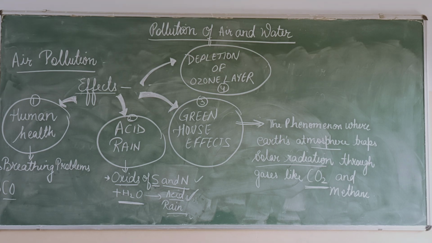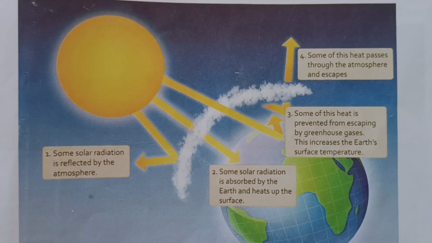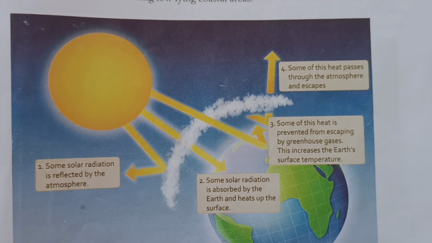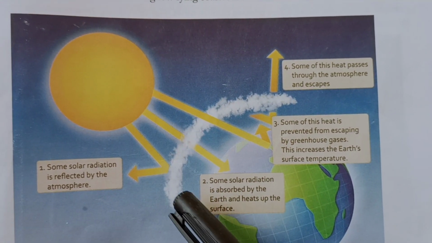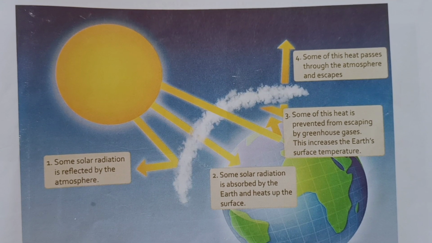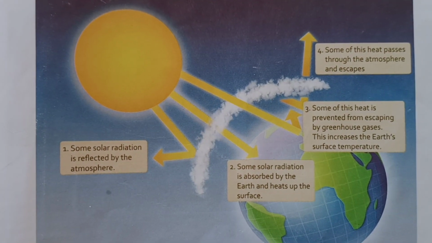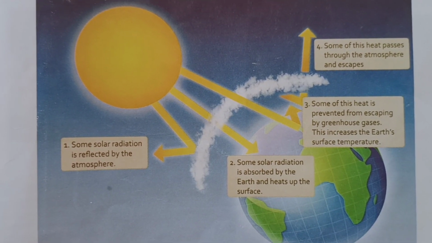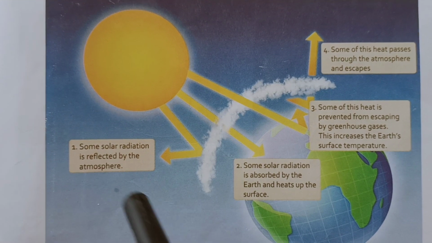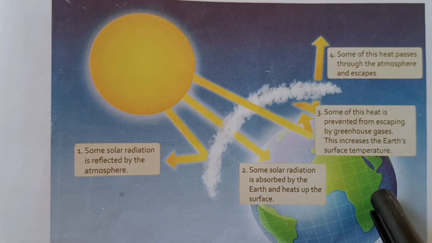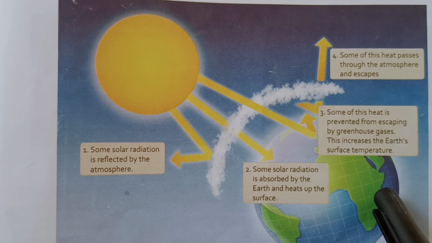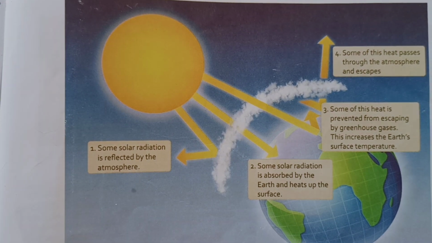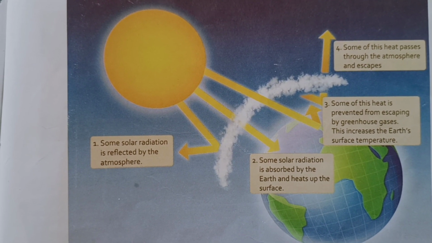Now, let us understand them once again. Students, you can see that here we have the sun, then this is our atmosphere and this is earth. Now let us see what happens to the solar radiations. Firstly, some of the radiation is reflected by the atmosphere. Then some of the radiation is absorbed by the earth and heats up the surface. Thirdly, some of the heat is prevented from escaping by greenhouse gases.